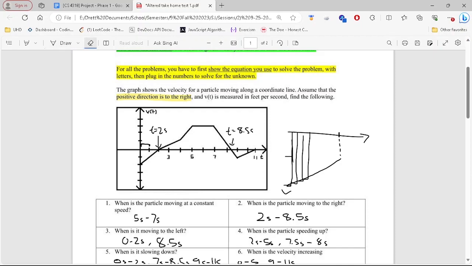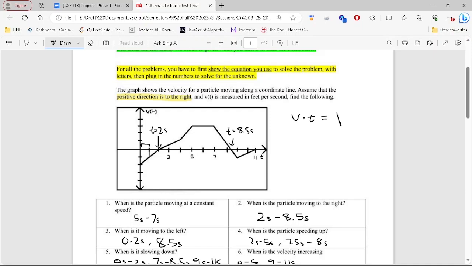If you didn't understand that, don't worry. This is a calculus topic. Just believe me when I tell you that the area under this curve is going to be equal to the distance that is traveled, at least if it's velocity versus time. It's going to be equal to whatever velocity times time is, which is going to be distance.